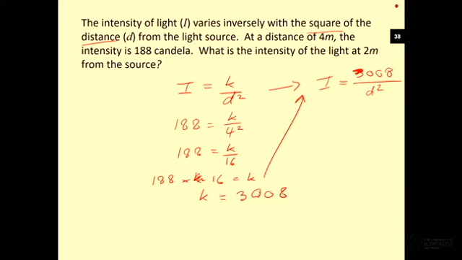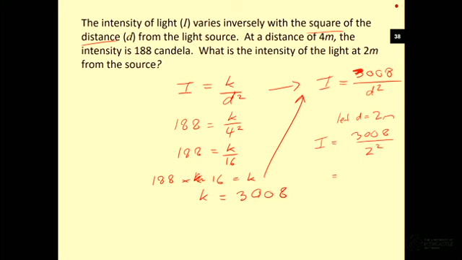So at 2 metres, well I know if it was 188 candela at 4 metres, it's going to be a lot brighter at 2 metres because they're inverse. One goes up, one goes down. Let's just do it. Let D equals 2 metres. My intensity now is 3008 divided by 2 squared.